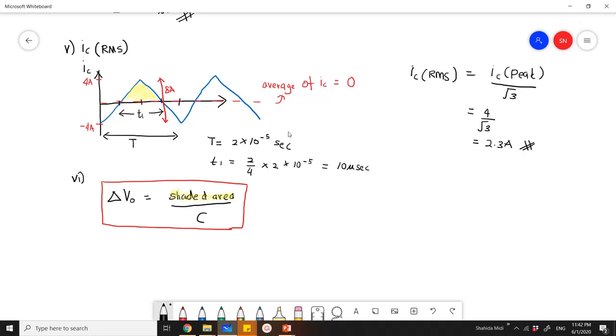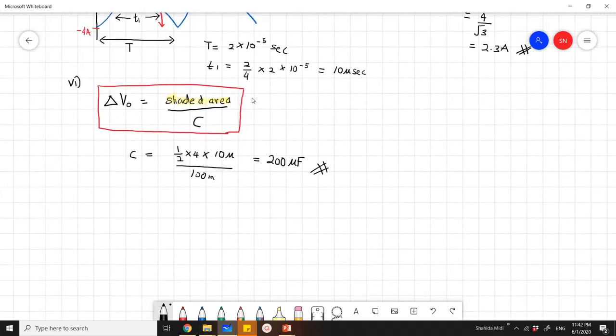We can use that to find the capacitance. So for the given buck converter with the given specification, we need to have the capacitance as 200 microfarad.